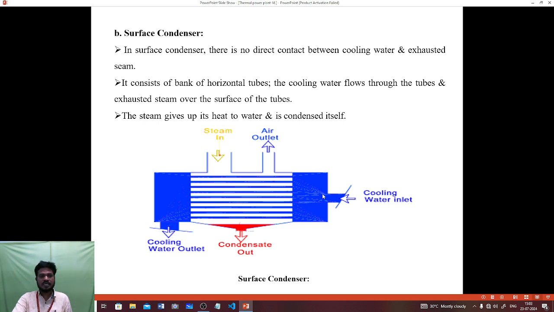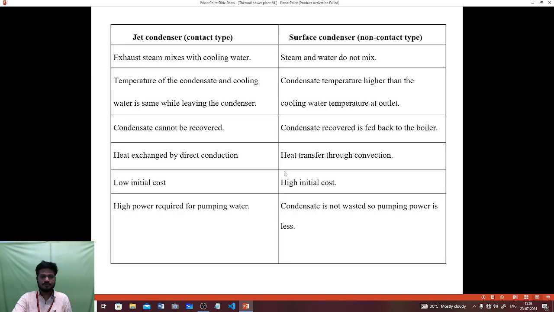In the surface condenser, the steam enters through the steam inlet and is exhausted from the air outlet after passing over the tubes. The cooling water inlet is on one side and the cooling water outlet on the other side, passed through the fine tubes.